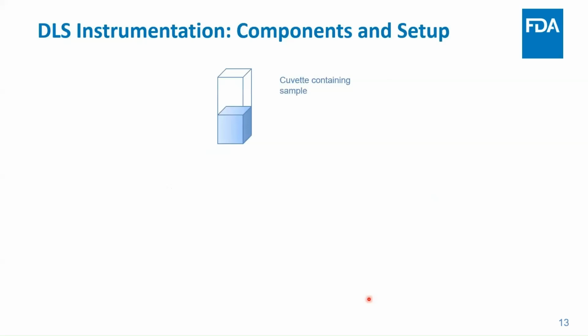So how the system is actually set up, you tend to just put a cuvette into a little box. You have, in this case, a HeNe or helium neon laser. Usually there's at least one detector at 90 degrees, so that all detected light is scattered exactly at 90 degrees.